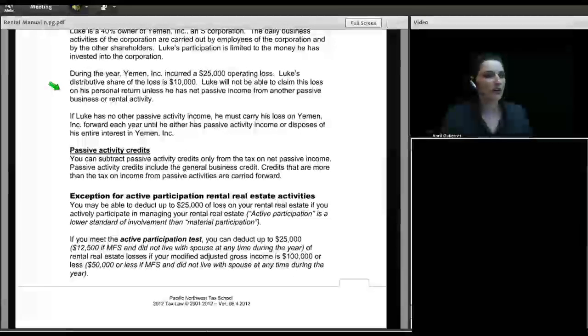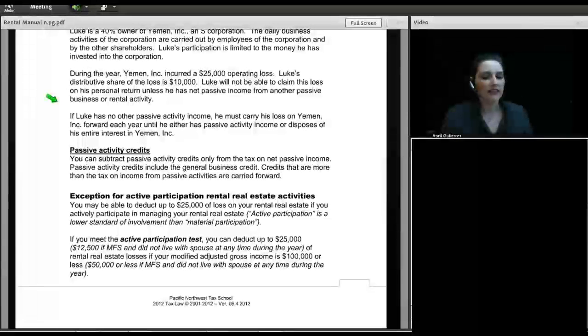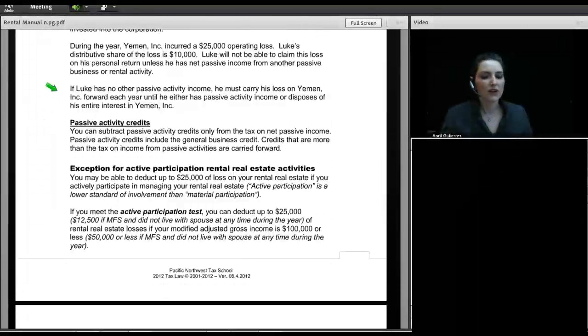Luke's distributive share of the loss is $10,000. Luke will not be able to claim this loss on his personal return unless he has other net passive income from another passive or rental activity. If Luke has no other passive activity income, he must carry his loss on Yemen Inc. forward each year until he either has passive activity income or disposes of his entire interest in Yemen Inc.